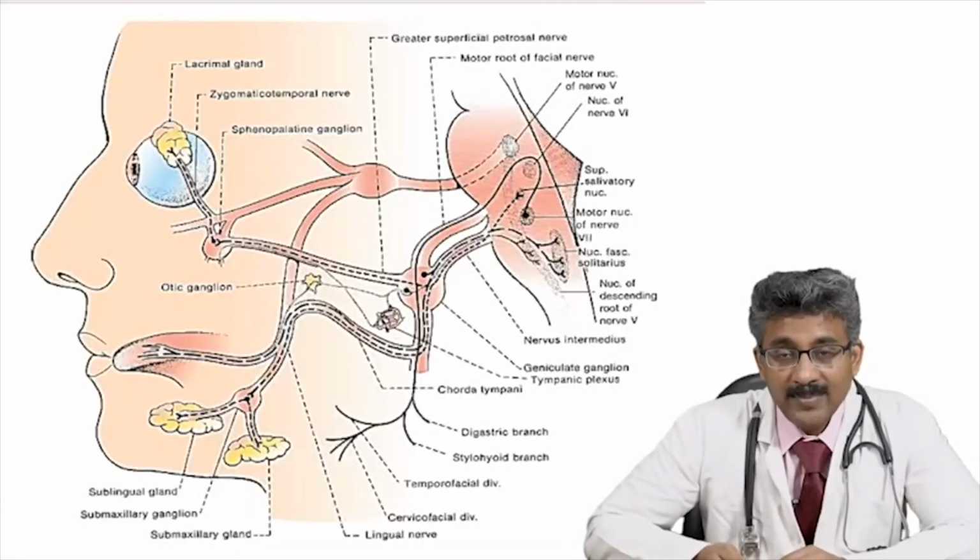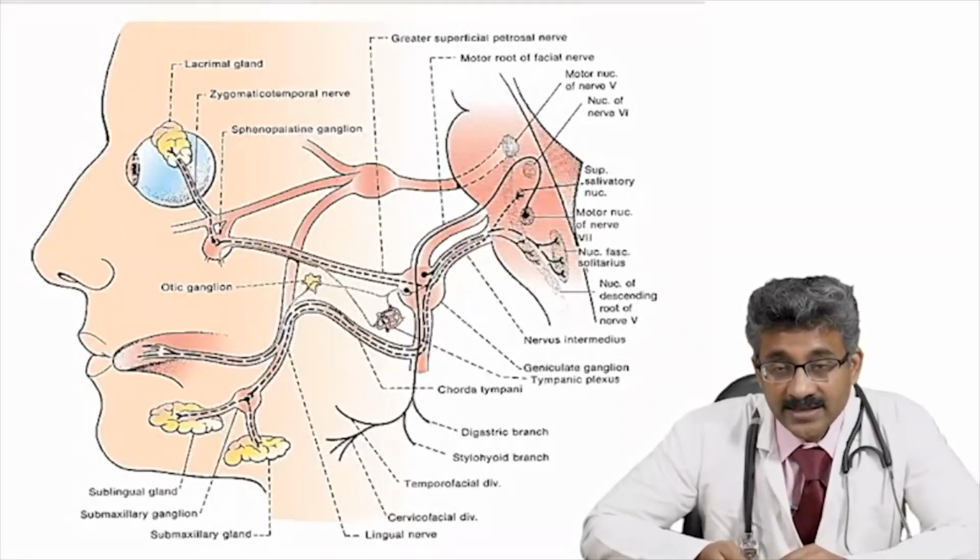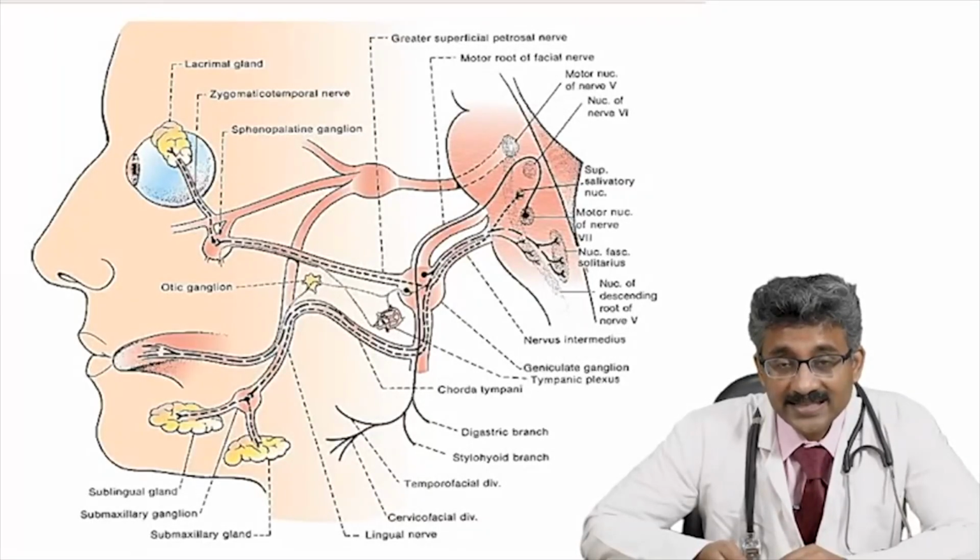So mainly the pathway of the facial nerve and its localization: from the nucleus, then the intrapontine region, then the CP angle junction, geniculate ganglia, and facial canal.